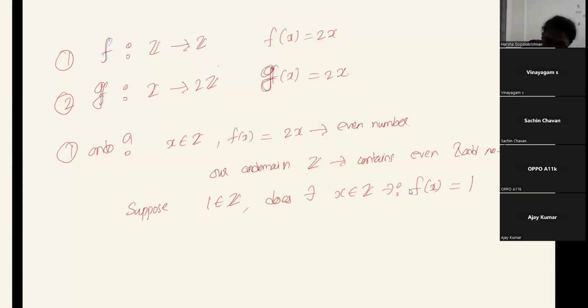Is this condition satisfied? Can you find an x in Z such that f of x equal to 1? Any answer?